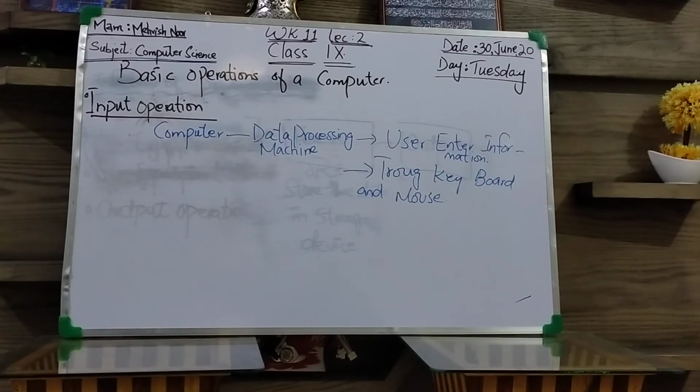A computer is a data processing machine. Users enter the data and instructions into the computer through keyboard and mouse. It can also be provided to the computer from a storage device such as hard disk, CD, USB memory. The input data or instructions are stored in the memory for future processing. Clear, girls?